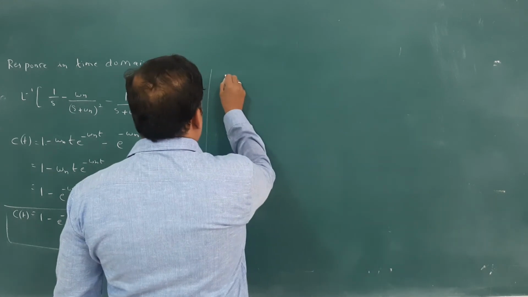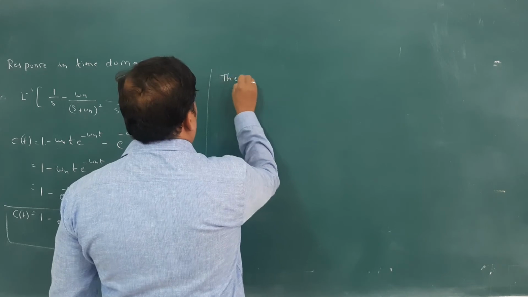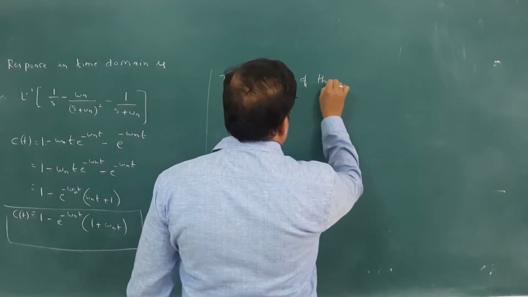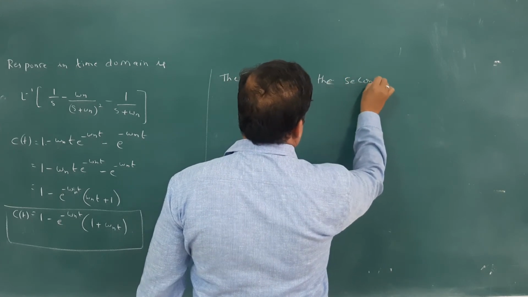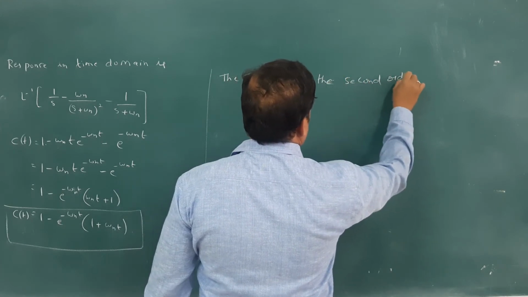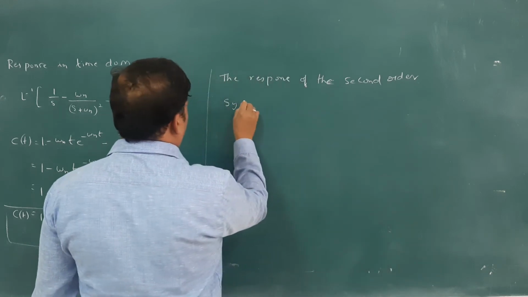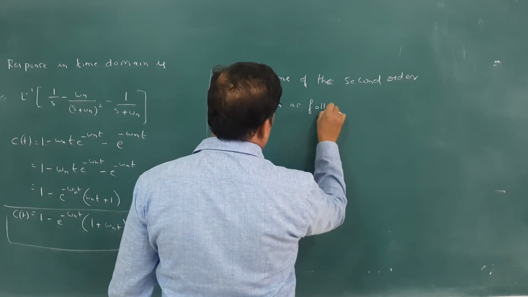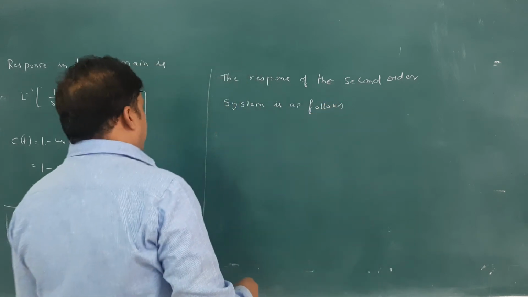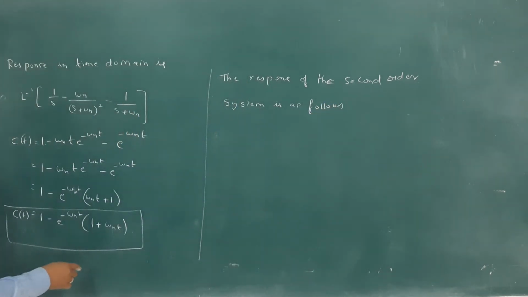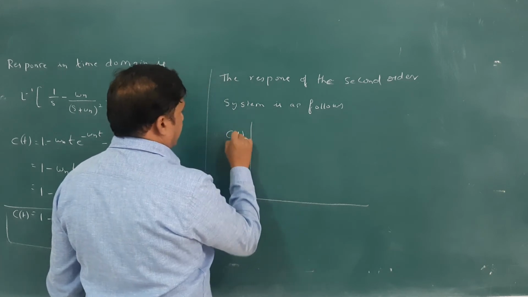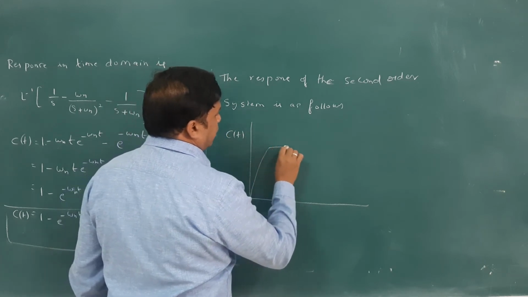According to this equation, the response of the second order system is as follows. You are seeing this equation. According to the equation, we will be drawing one graph, that is C of t, and it will not have any oscillations like in the previous cases.